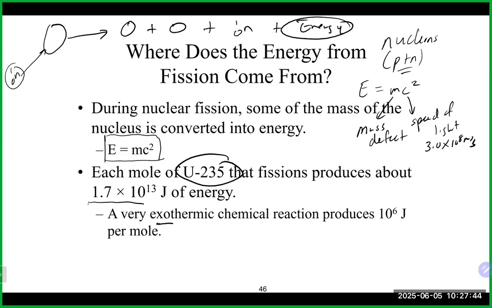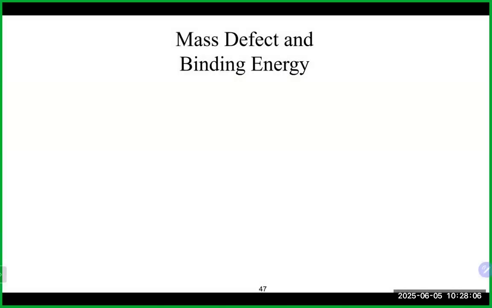If you think about some type of exothermic chemical reaction, it produces about 10 to the 6 joules of energy per mole, much lower in energy. And this is why sometimes it is used in, say, nuclear power plants. It produces a lot more energy than an exothermic reaction.